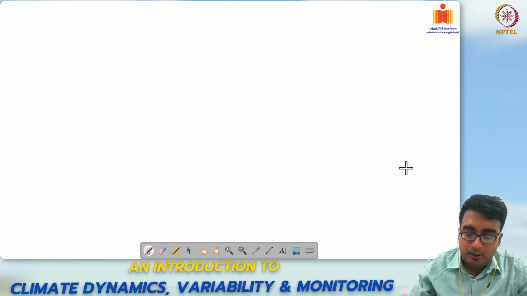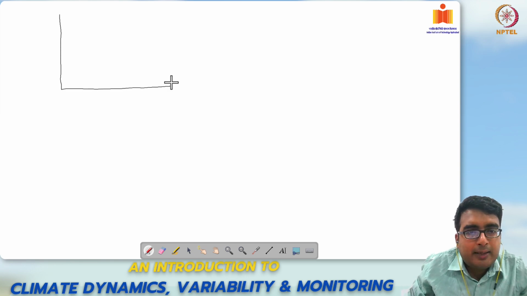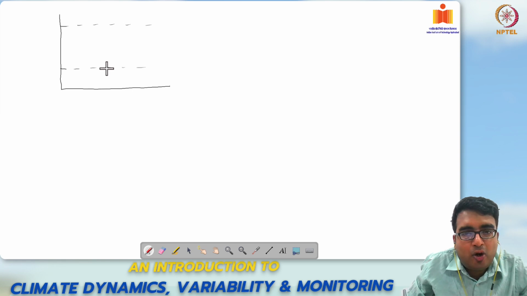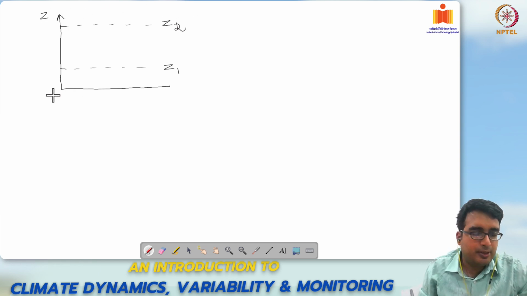So here we will look at a generic case. Suppose you have two levels. So this is an altitude Z1, this is at altitude Z2 here, this is your ground level.